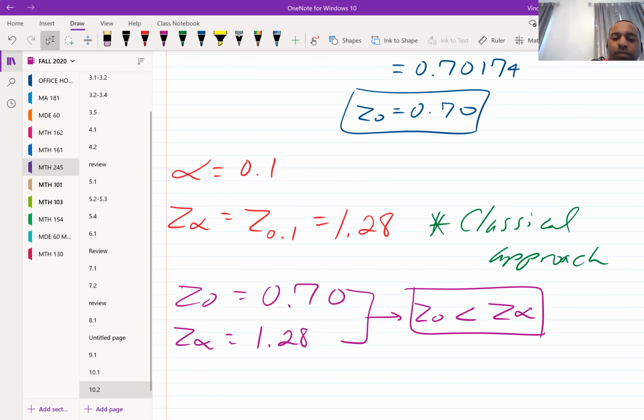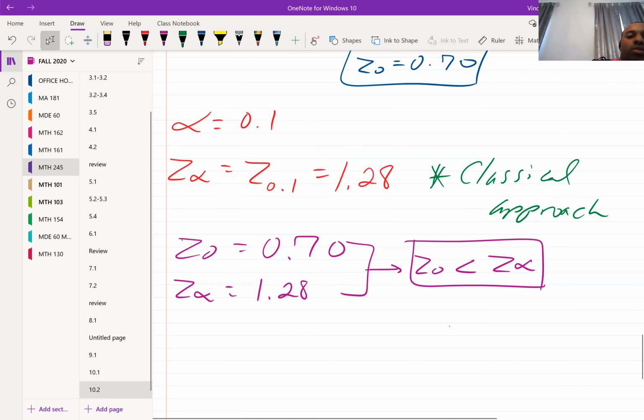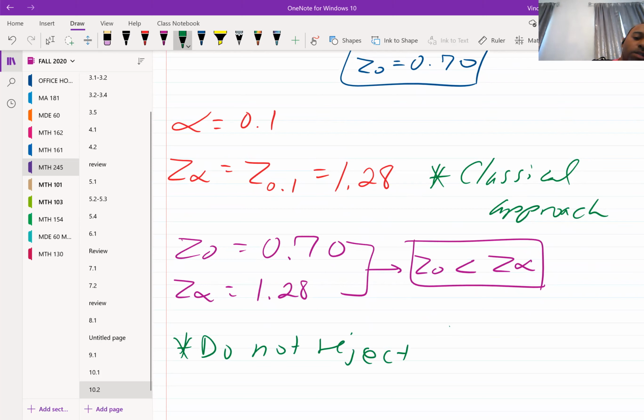So, like I said, look at the steps: if Z naught is greater than Z alpha, you reject the null hypothesis. Here we have Z naught less than Z alpha, so do not reject the null hypothesis.